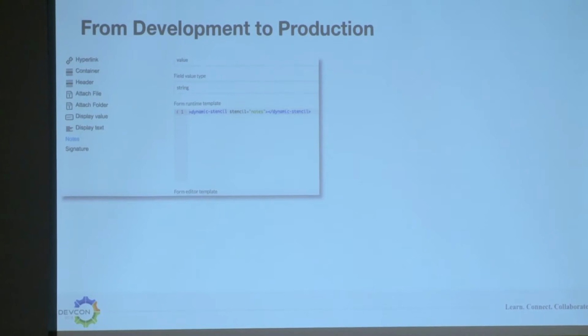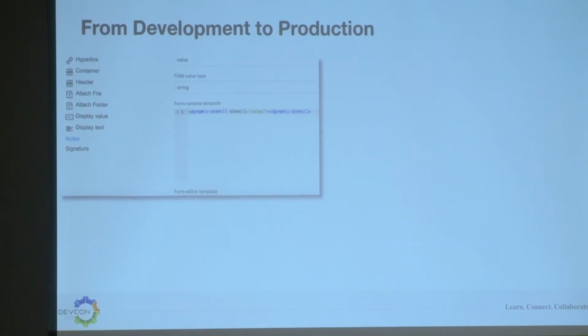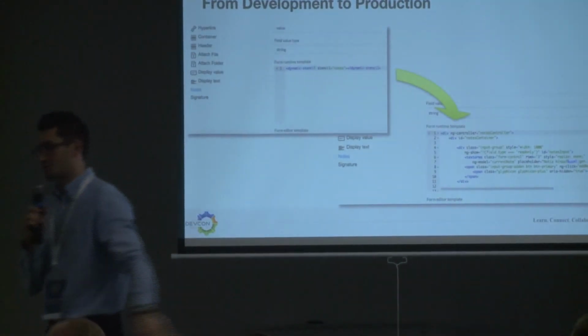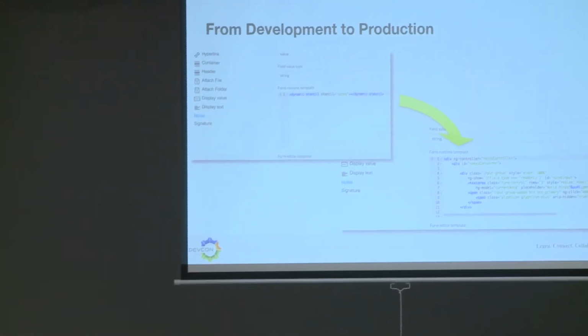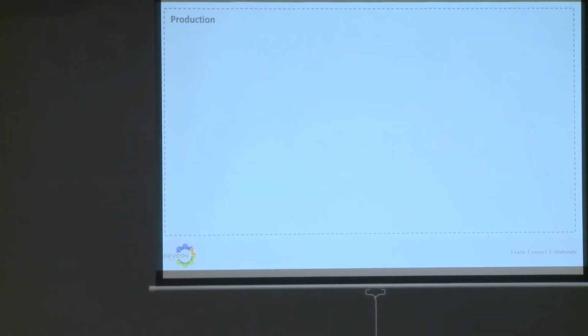So what we want to have on the production side is not this one, but actually we want to have this here. So we want to have in production the actual code directly in the stencil editor, and the approach supports this also. Looking at the production side of the approach, we have the same situation.